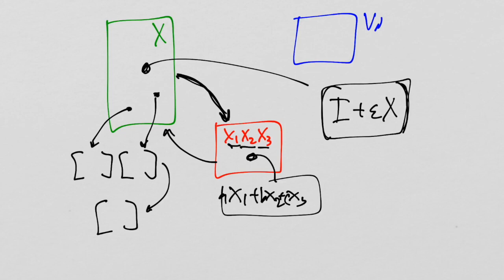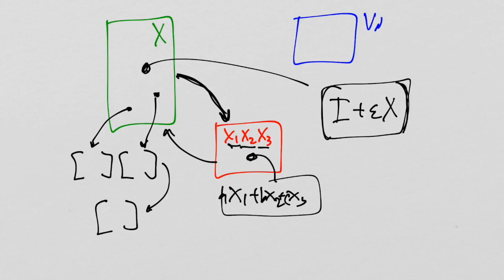So what is true is that if I take any element in this vector space and add it to the identity with a small epsilon in here, this sums to be a matrix that's also in this vector space. It just so happens that matrix is also an incredibly good approximation to a matrix that's actually in the Lie group.